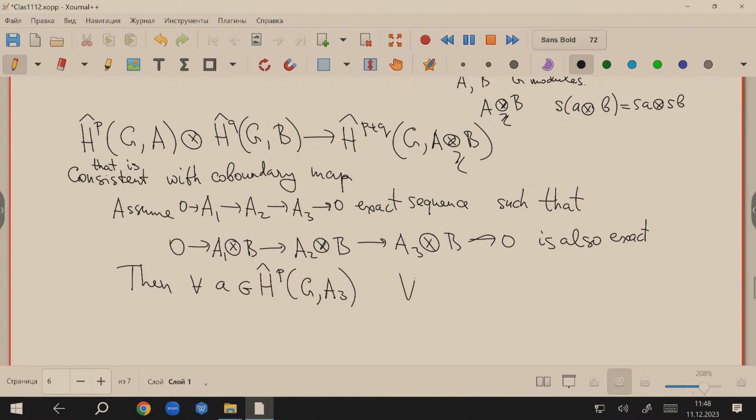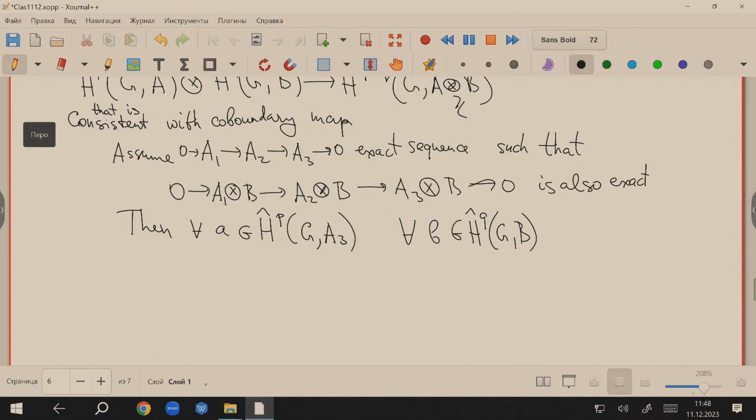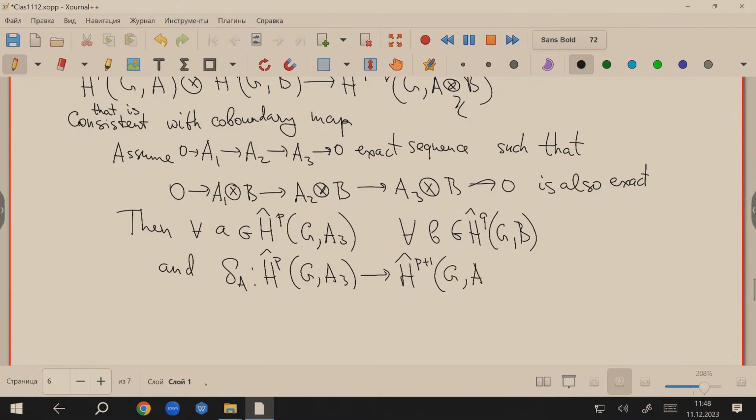So that for any A and for any B, these two elements of the Tate cohomology we have, you also have a coboundary map delta_A from H^p(G, A_3) to H^{p+1}(G, A_1), and also a coboundary map on the tensor product.